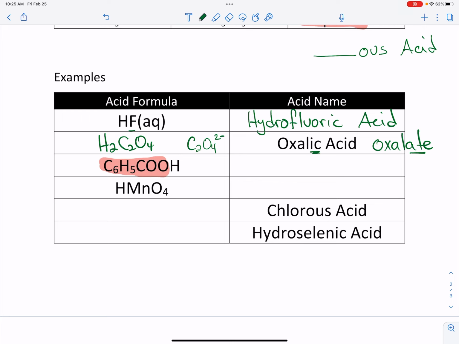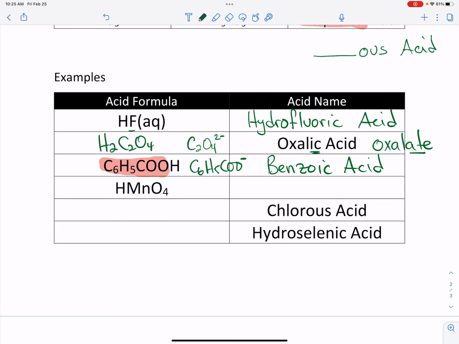And C6H5COO is a complex ion. C6H5COO minus is on my list of complex ions. Its name is benzoate. So if the complex ion name ends in ate, then the acid name becomes benzoic acid.